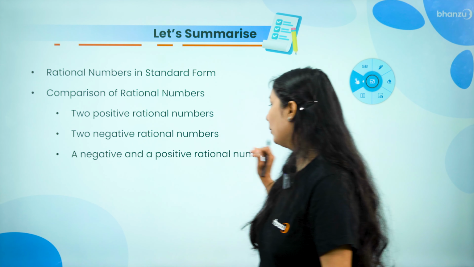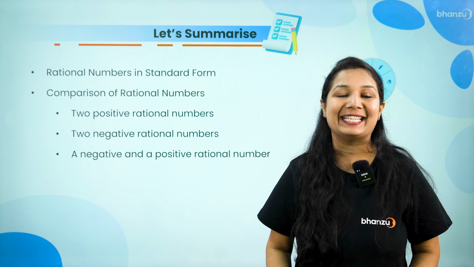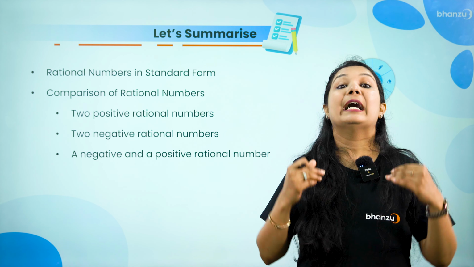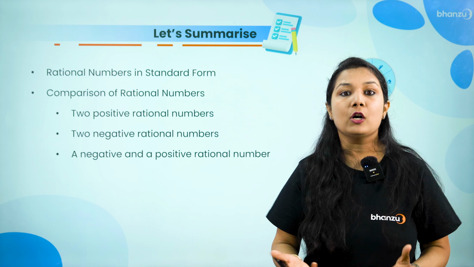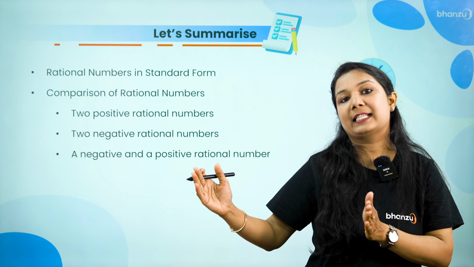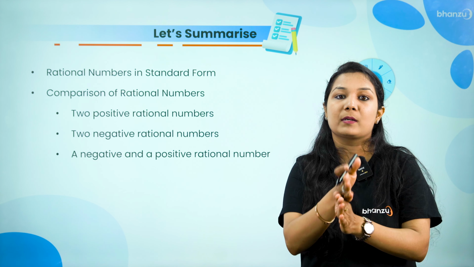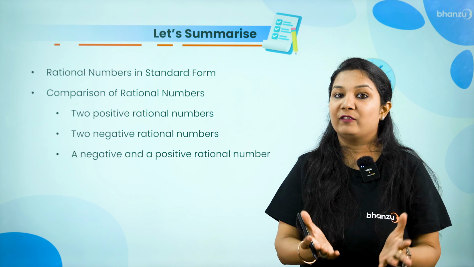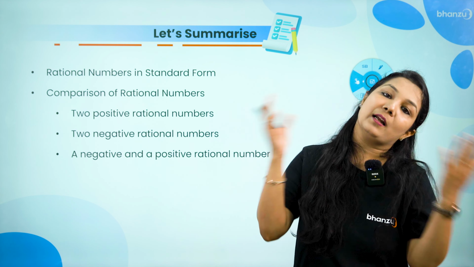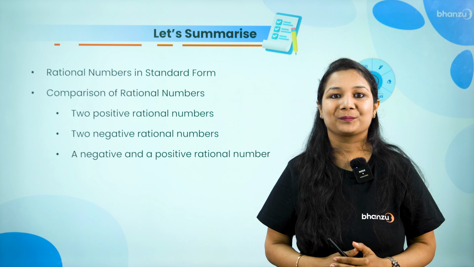And for a negative and a positive rational number, it's very easy. A positive rational number is always and always greater than a negative rational number, because on our number line, positive rational numbers are on the right side of 0 and negative rational numbers are on the left side of 0. And we know numbers on the right side of the number line are always greater than the numbers on its left.